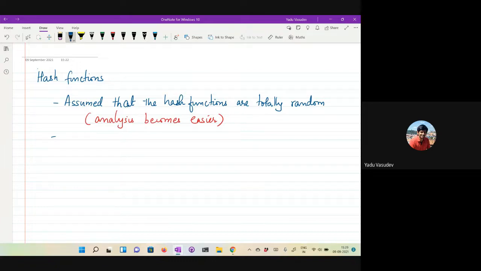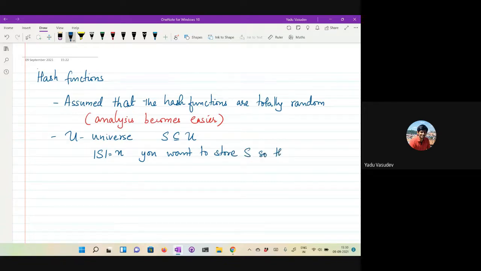So if you notice the central problem, the reason why we want to study this is that you have a set U, which is the universe, and you're interested in a subset S of this universe, say of size n, and you want to store S so that membership can be done easily.